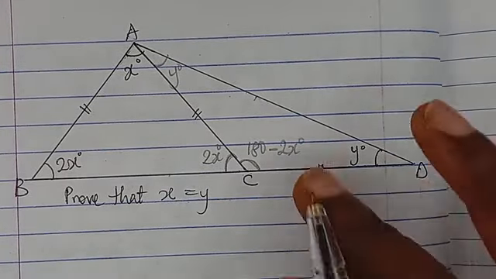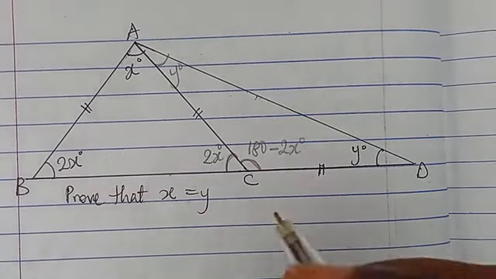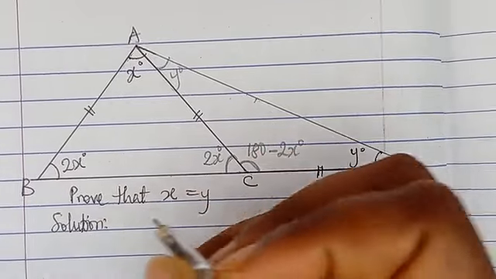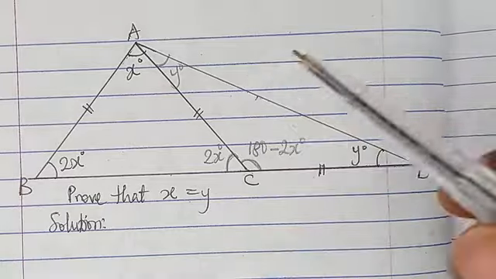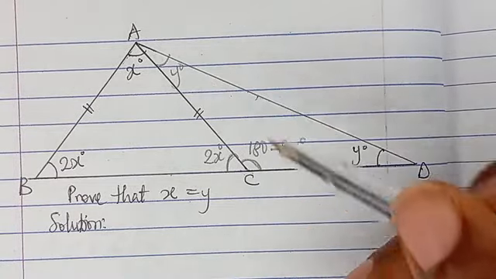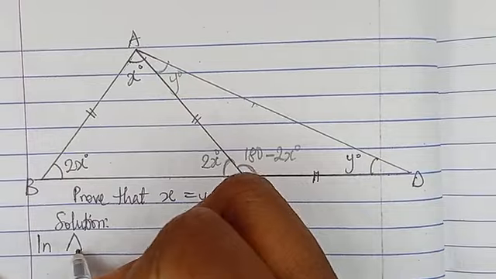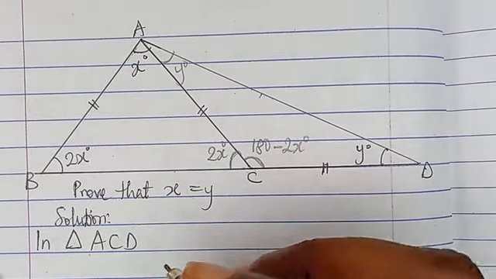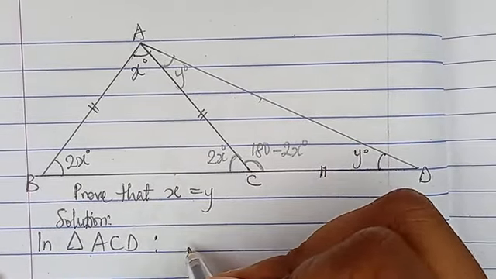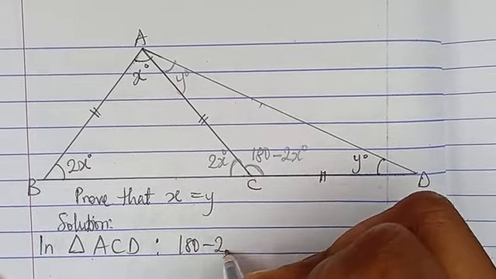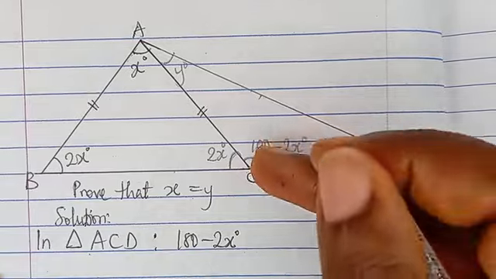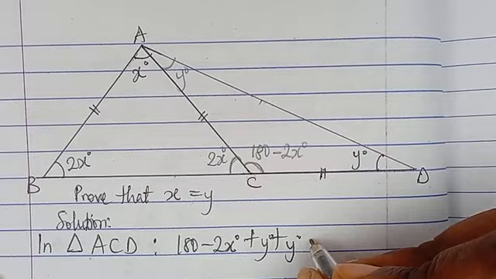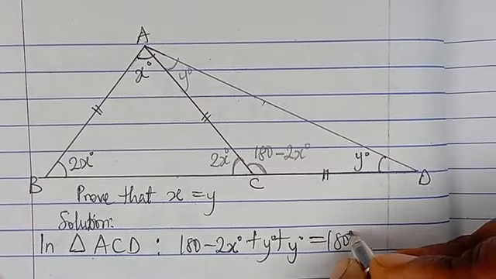So let us just start writing our solution from here. We have in triangle ACD, we have that 180 minus 2x, that is their vertical angle, plus angle y plus angle y are all equal to 180 degrees.